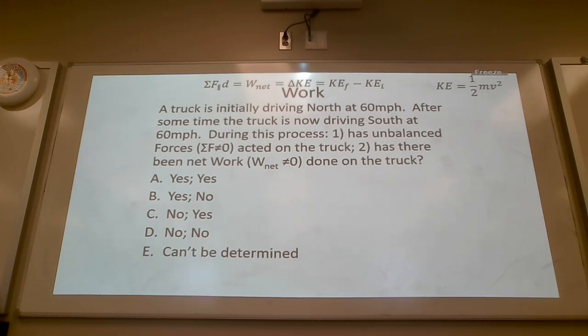Force has nothing to do with direction. So the first one is no. The second one also, no. Same mass and same speed.